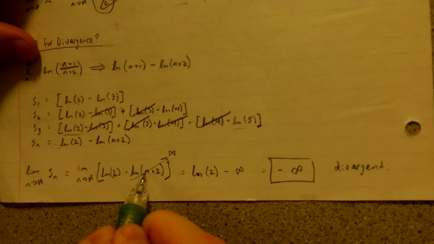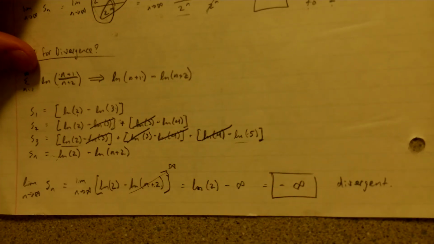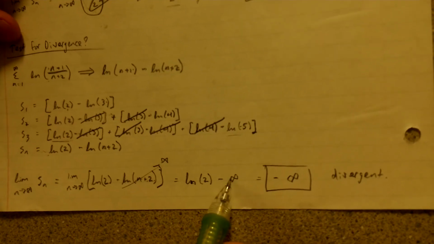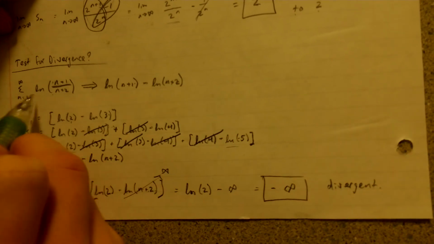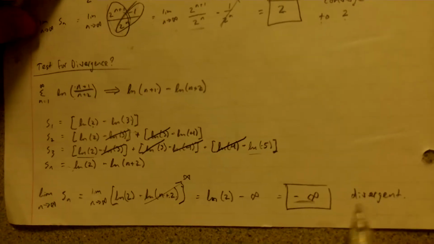If we put in infinity for n here, this would be the natural log of infinity, which goes to infinity. So we basically have ln 2 minus infinity, which goes to negative infinity. This series will diverge because the limit approaches negative infinity, which is divergent. And those are the two ways you can use the sequence of partial sums.